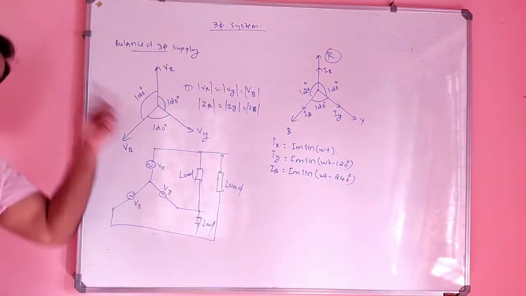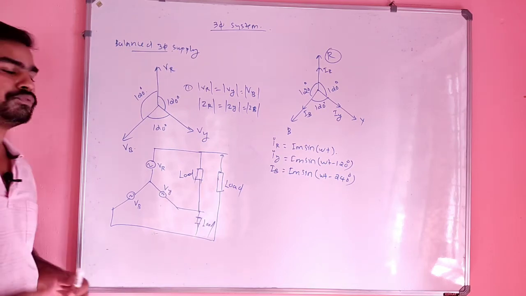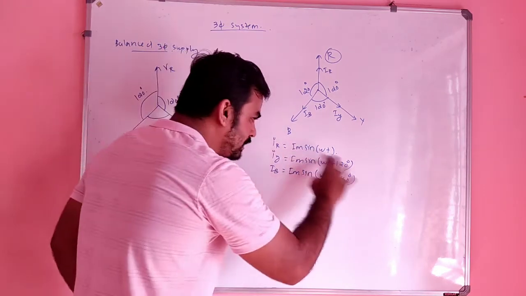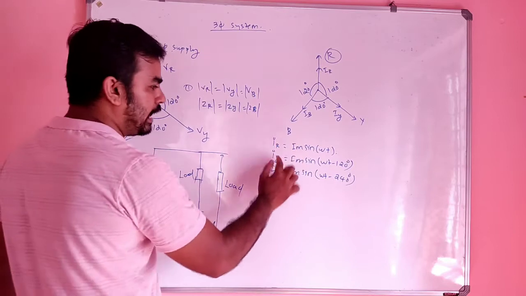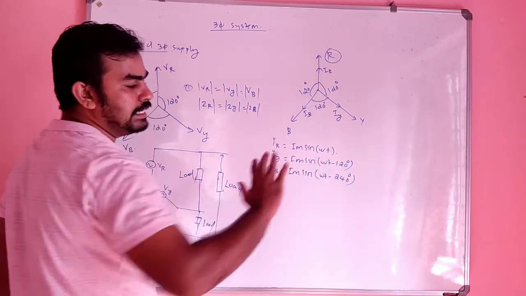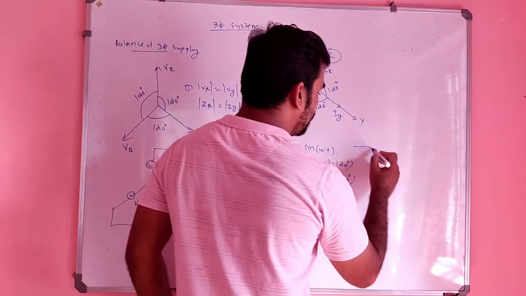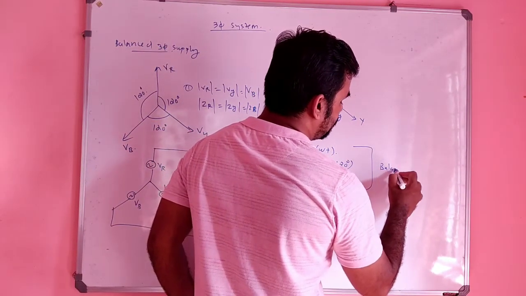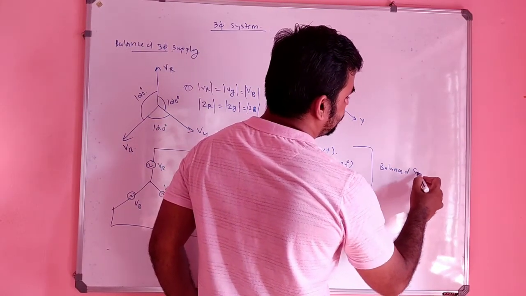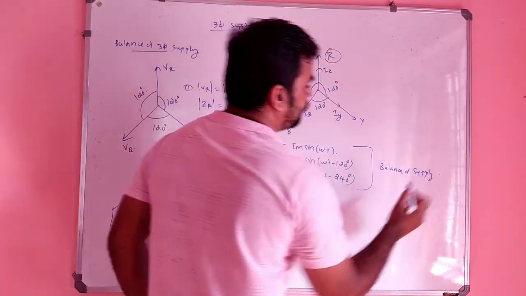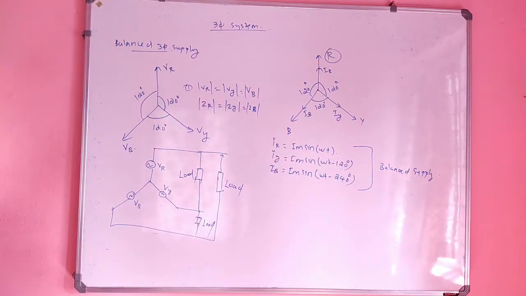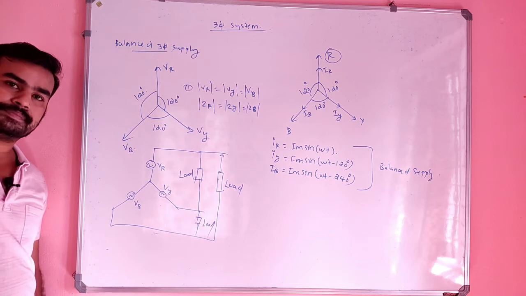That is 120 minus 120 again, which is nothing but 240. If IR, IY and IB satisfy this condition, then we can say that this is a balanced supply. That's all about the balanced supply.